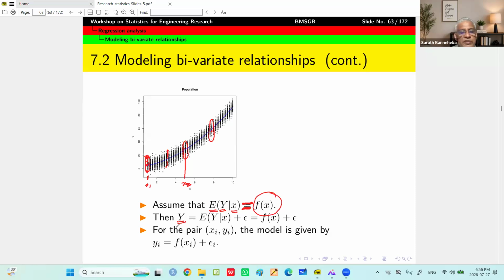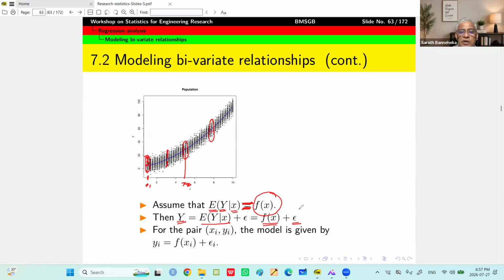So generally, we can write down the model as y is equal to the expected value of y given x plus some quantity usually denoted by epsilon, right? So if the expected value of y given x is f(x), then it can be written as f(x) plus epsilon.